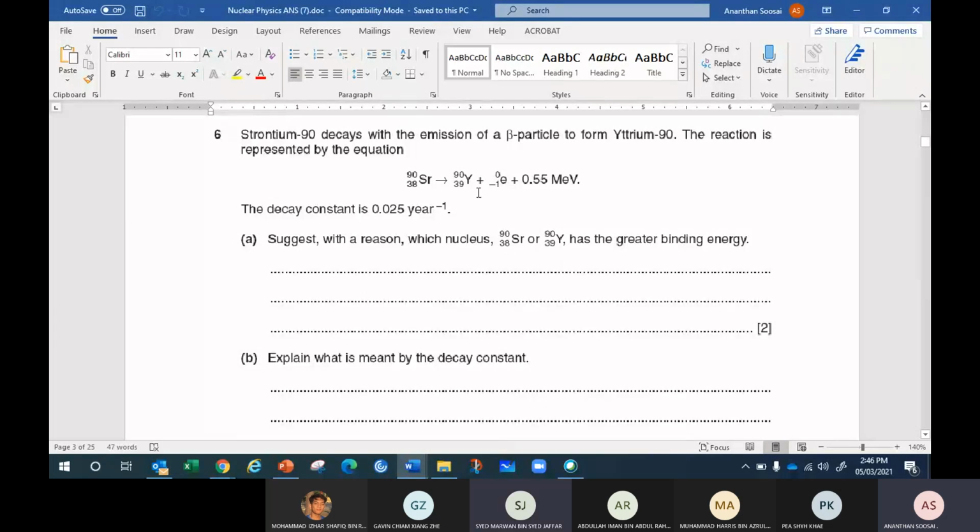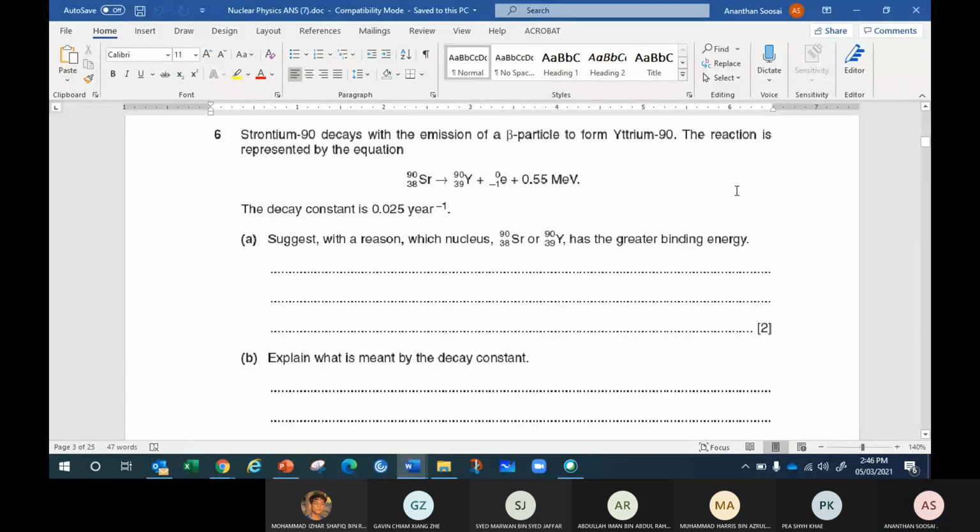Tell me, strontium or yttrium, which must have a greater decay constant? Iman? Okay.